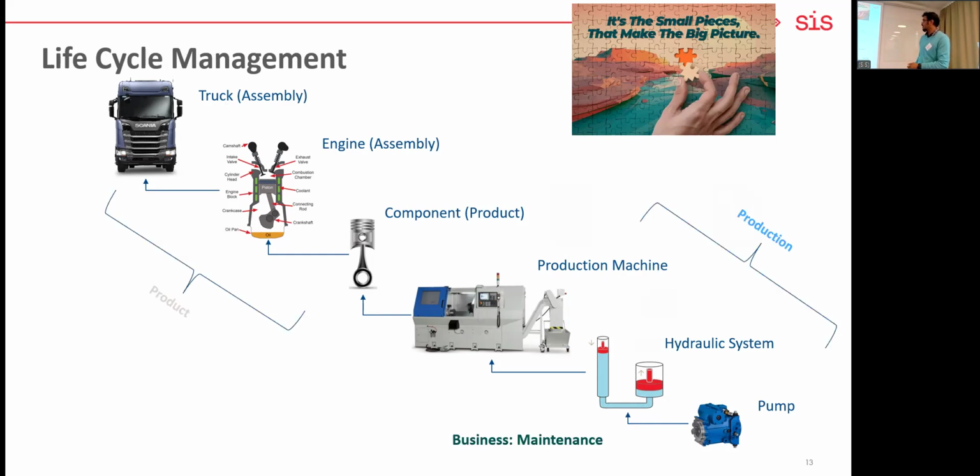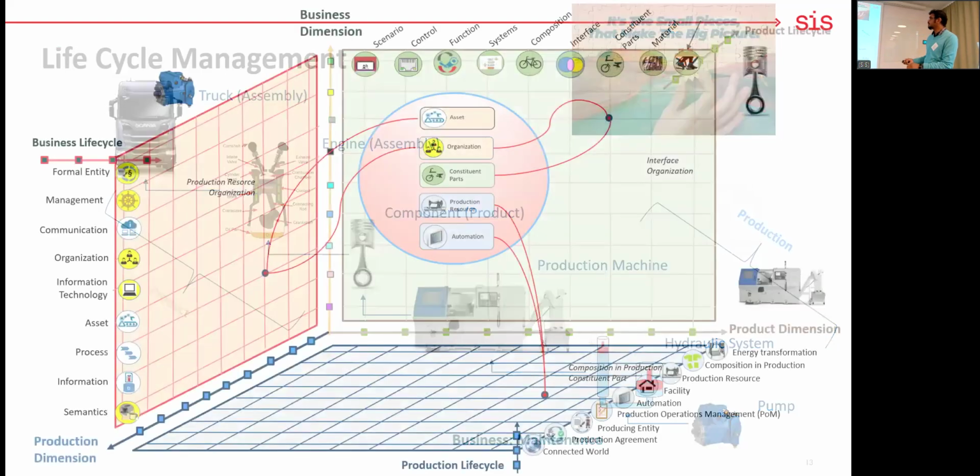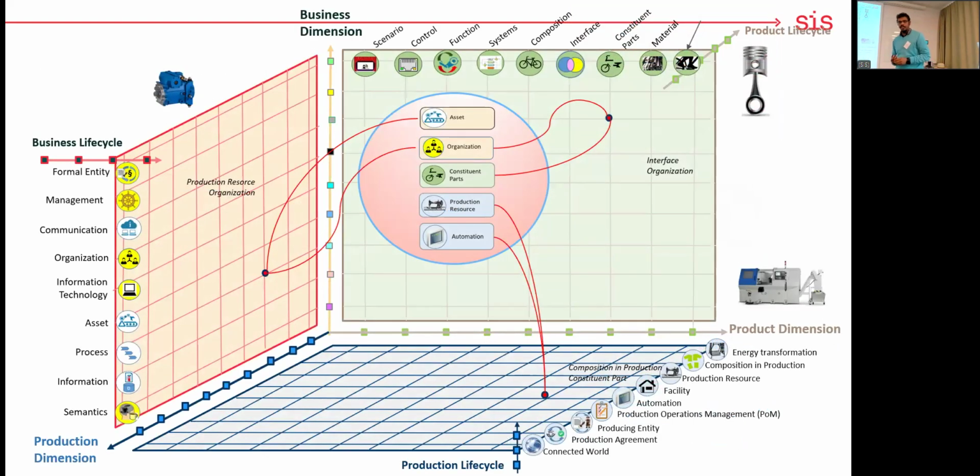So if you look into the overall dimensions, our business case is this dimension, maintenance, and this is all the production side, and this is all the product side. As Robert mentioned, we can use the RAMI 4.0 model as an enabler to start this digitalization journey, because we need data so that we can make decisions faster.